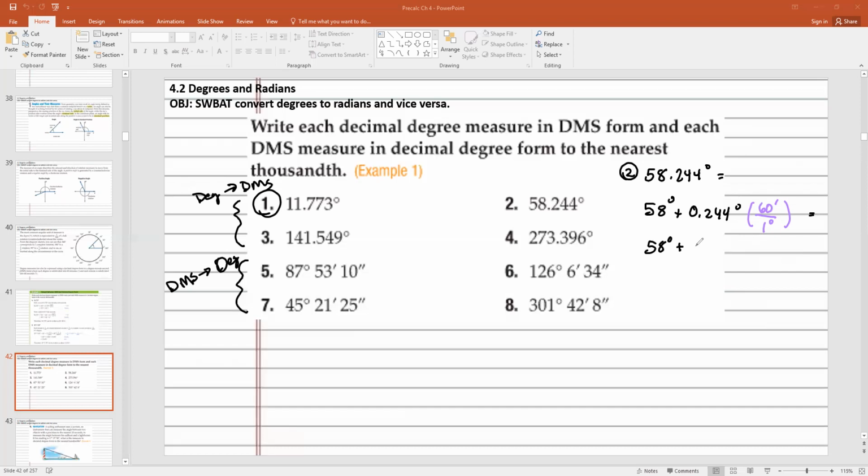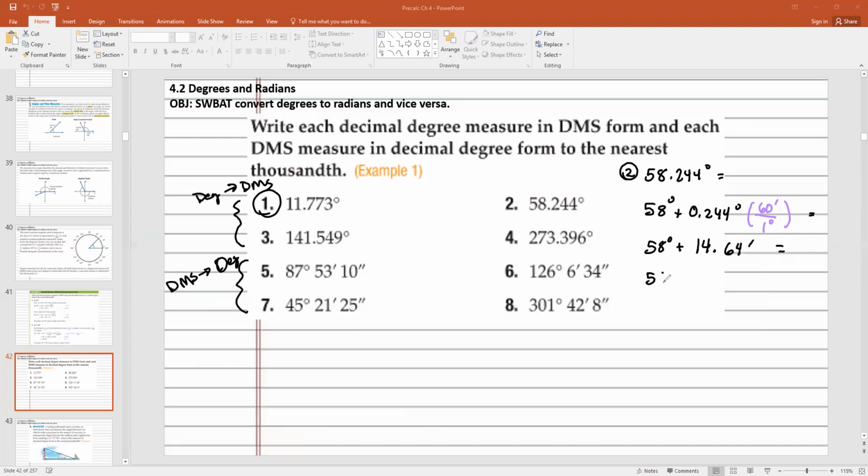That gives us 14.64. All right, minutes. All right, but we don't want that decimal there. So what we're going to do is we're going to do it one more time.